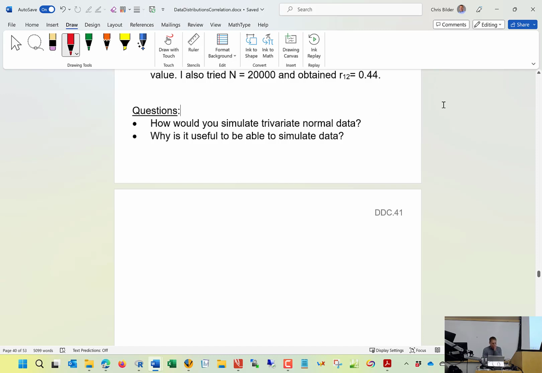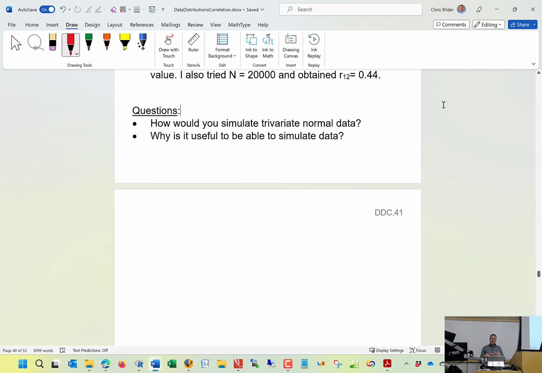That could be one reason. I think what you're kind of getting at is that you know what the population is. Okay, let's see what that sample would look like from that kind of a population. And so in other words, you know what should happen. Let's see if it actually does.